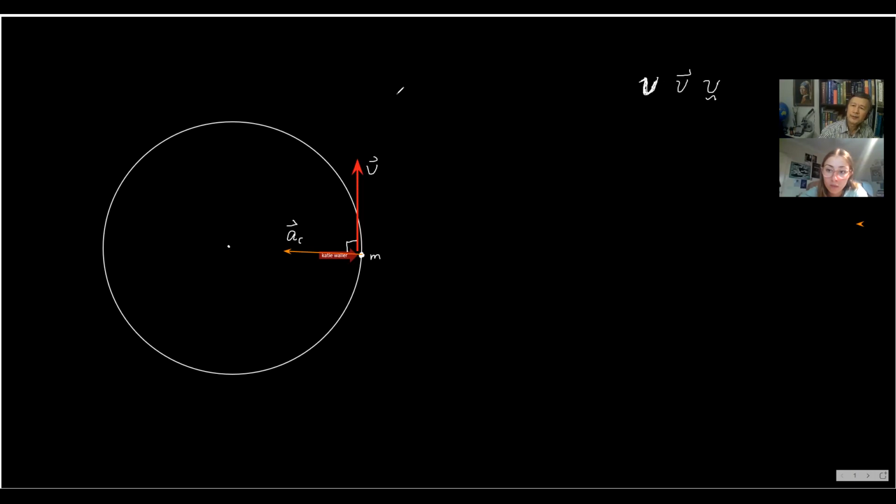Okay, if the radius of the circle is r, can you work out the relation? Can you write the formula for this acceleration, given the velocity v and r? So what is the acceleration a_c?